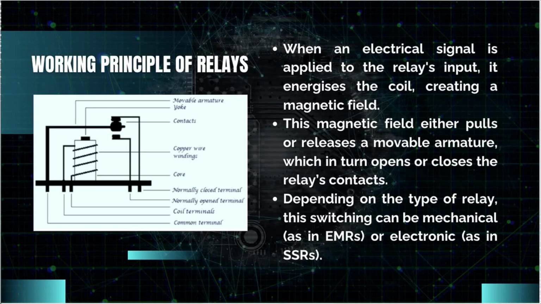Depending on the type of relay, this switching can be mechanical, as in EMRs, or electronic, as in solid-state relays. By isolating control circuits from load circuits, relays enhance safety and allow for efficient automation of electrical systems.